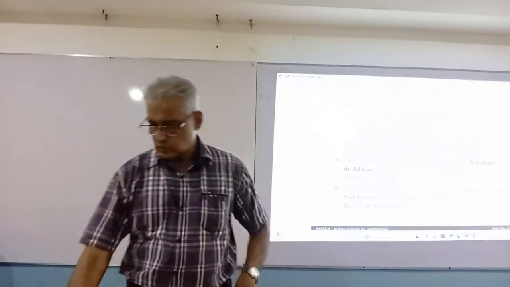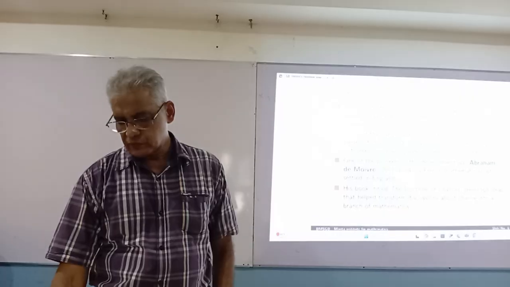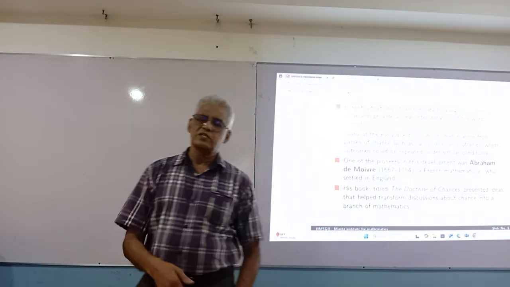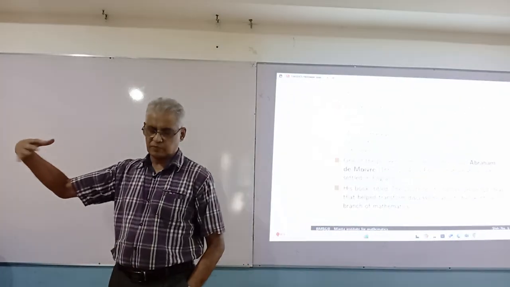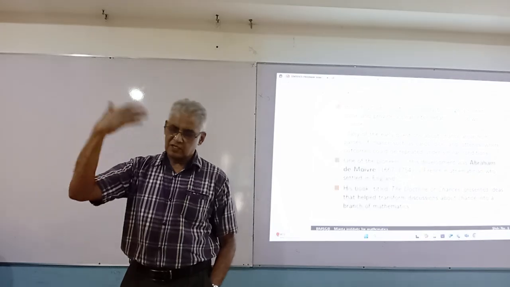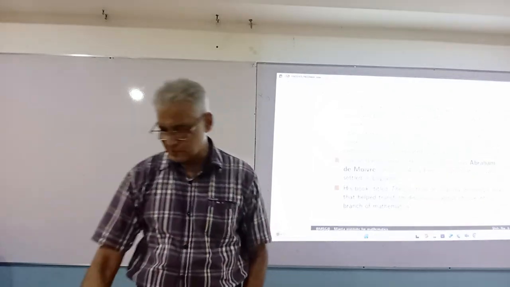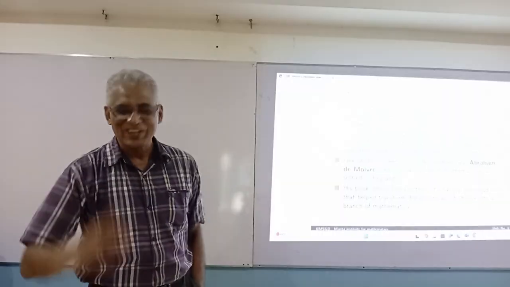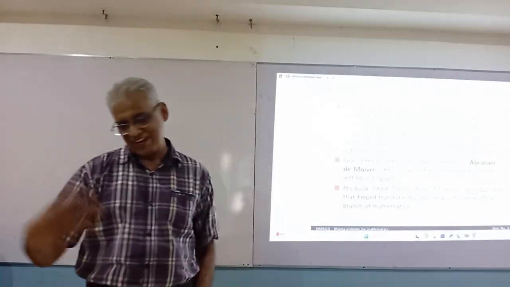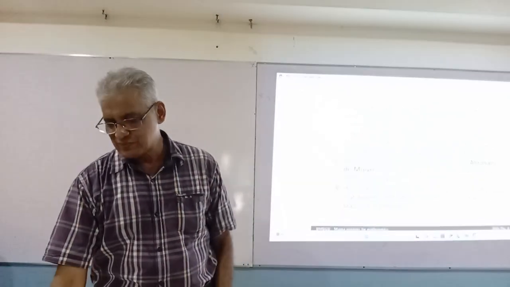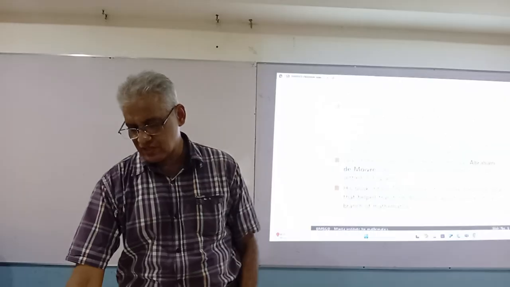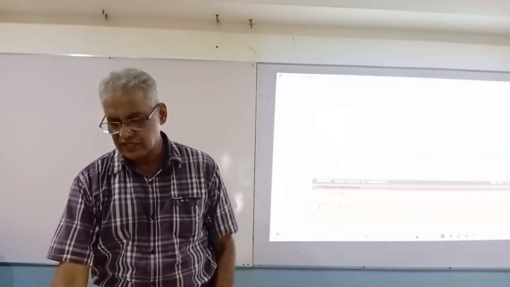They were the ones who actually worked on it, the mathematicians who mainly looked at this idea about probability. The person who was interested was not a mathematician, he was just a gambler. So he put the problem to this person, and he thought about it and developed some doctrine of chances, and even wrote a book by that name.